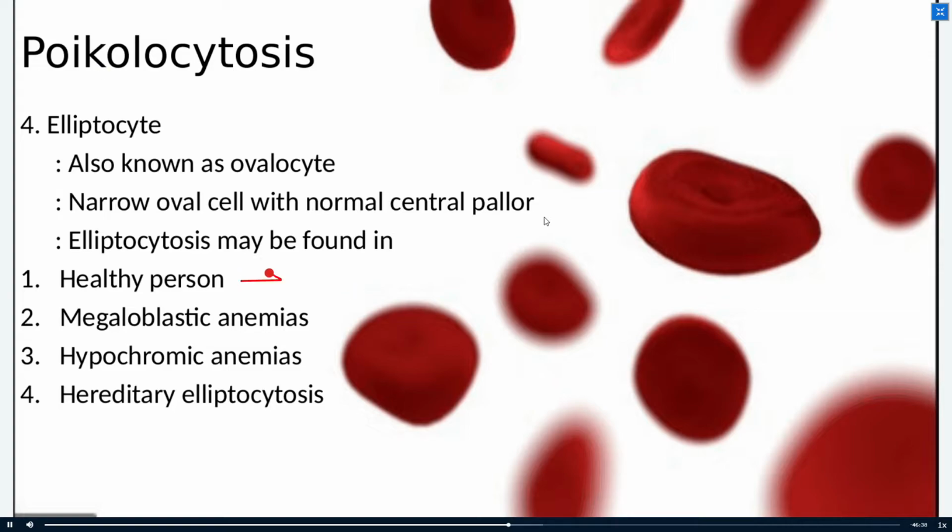They are usually found in healthy people, but only in less than 10% of cells. They can also be seen in megaloblastic anemia, hypochromic anemias, and hereditary elliptocytosis.